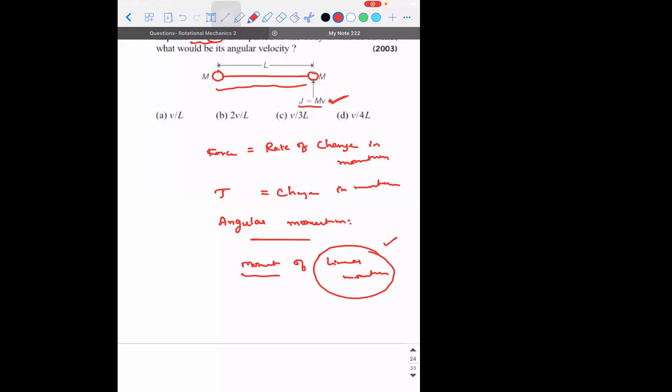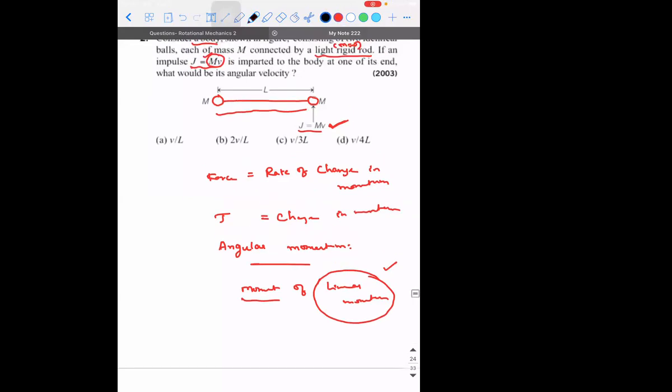Here, the object is going to revolve about its center. What is the distance from the center to the other end? I hope you are convinced why I said center, because it's a symmetric system. L by 2.